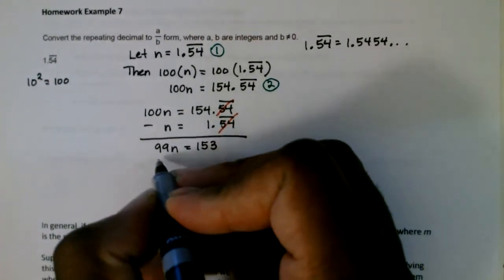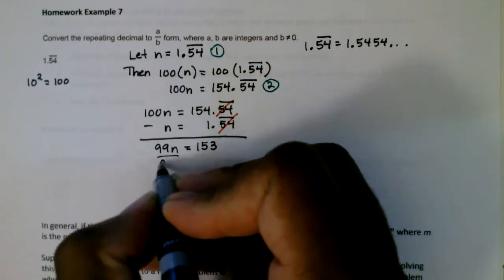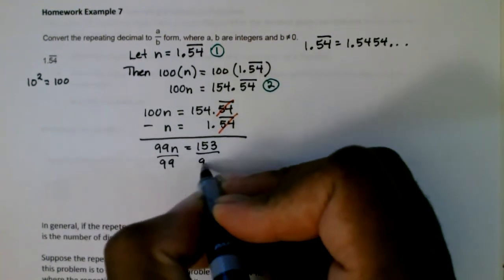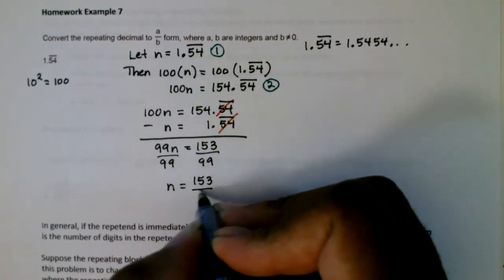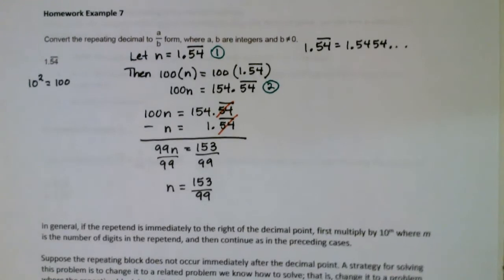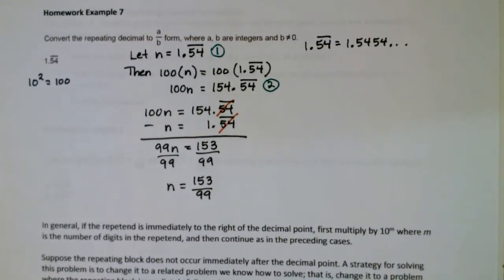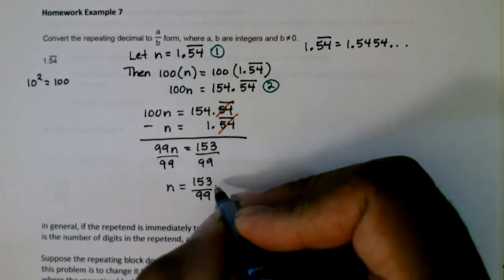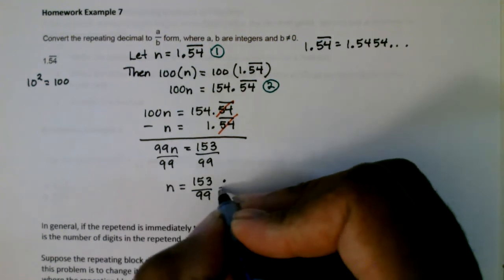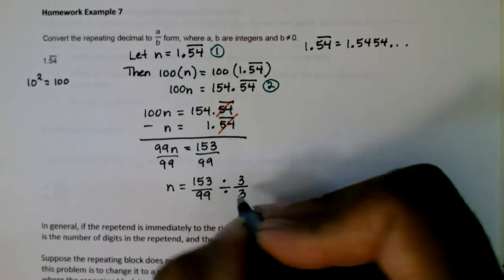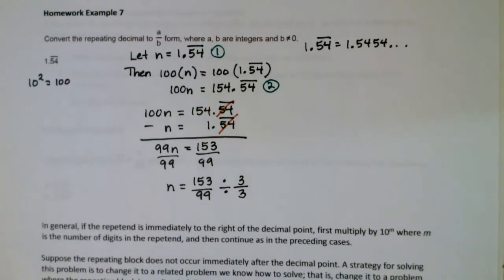And then when I divide both sides by 99 to solve for n, n is equal to 153 over 99. With this one, I believe that can be reduced to a fraction in simplest form. The numerator and the denominator are divisible by 3, so I'll divide both by 3.